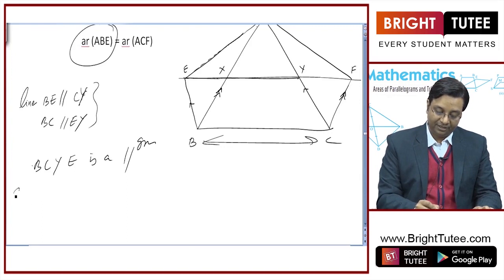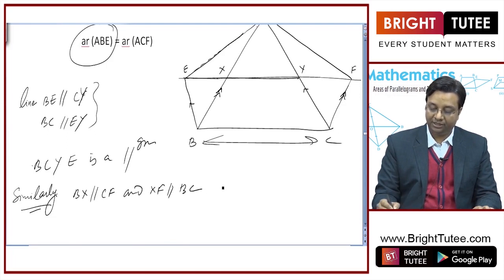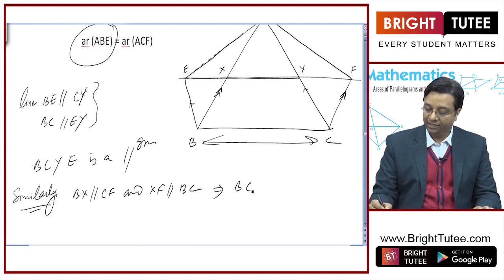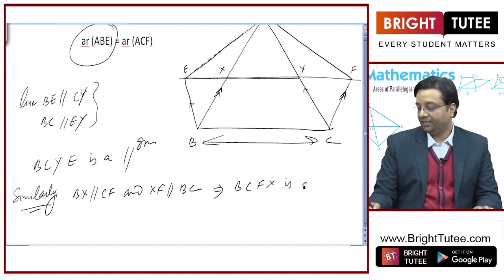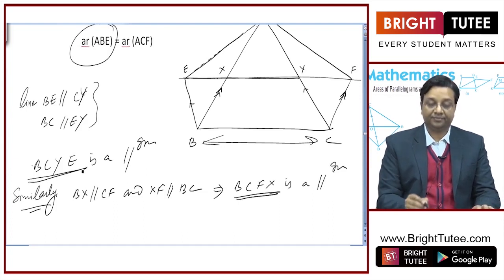Similarly, I can also see that BX is parallel to CF and XF is parallel to BC. Hence, BCFX is a parallelogram. Now, what about these two parallelograms?